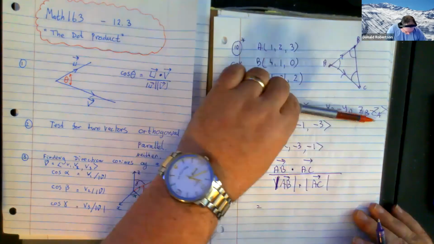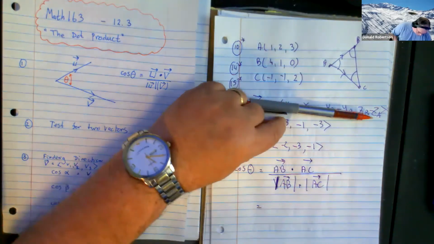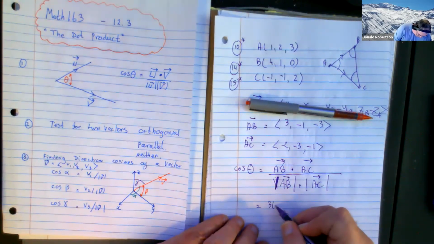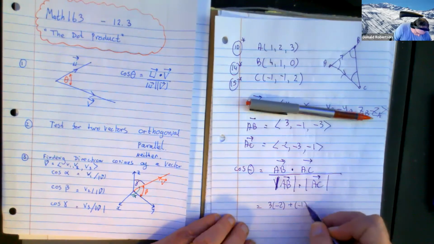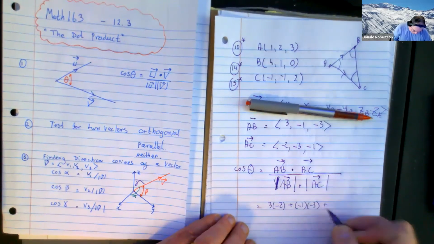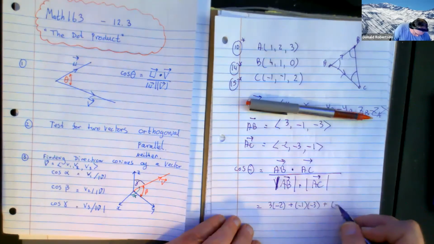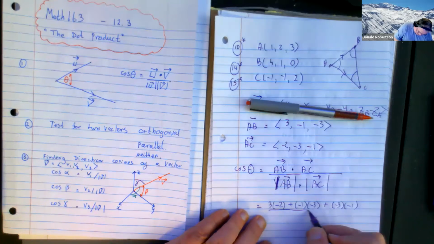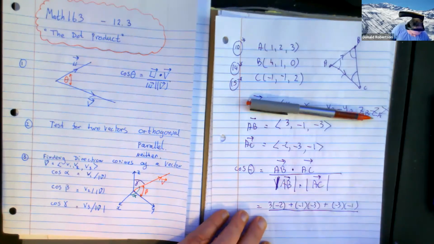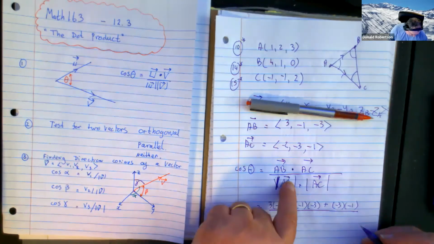Okay, cover that up because it's distracting me. Dot product: 3 times -2 plus -1 times -3 plus -3 times -1. And that, all over the length of AB.